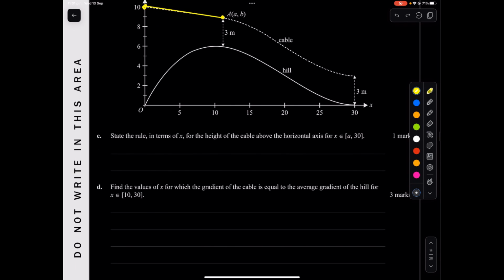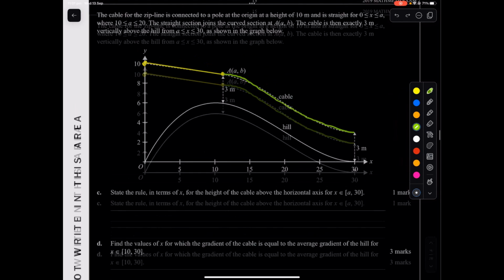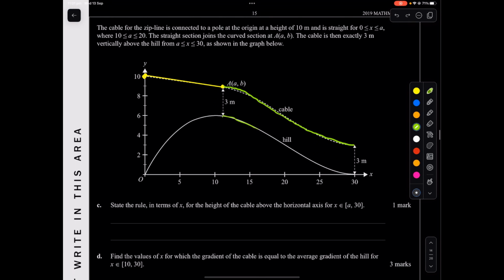State the rule in terms of x for the height of the cable above the horizontal axis for x from A to 30. All right, so A to 30 is this over here. Perfect. So what I'm going to say here is, because we know the height here is just 3, this always is 3, as is shown. So again, this is the same function, but it's been translated up 3 units.